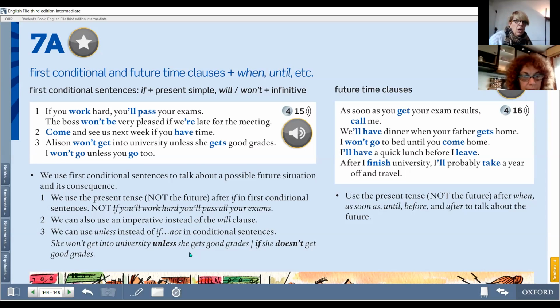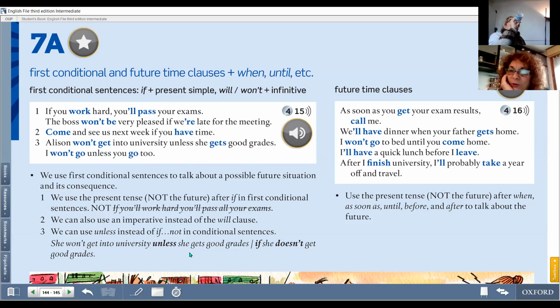Very good. Okay, could you please read the future time clauses and then we're going to practice it. Future time clauses. As soon as you get your exam results, call me. We'll have dinner when your father gets home.